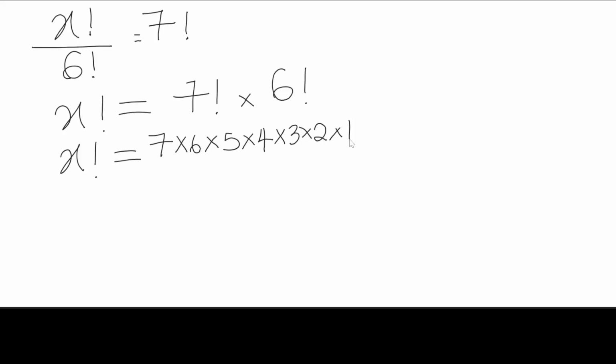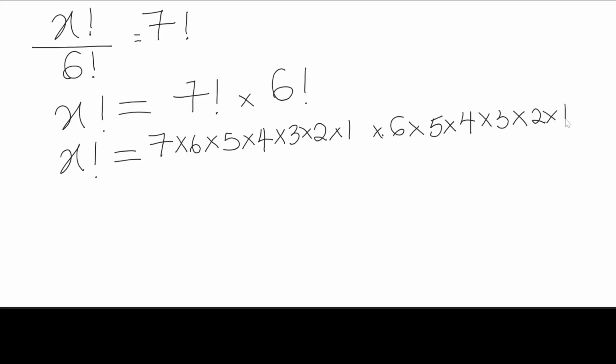Of course, I'm going to be doing the same thing with 6 factorial. Let me leave a little bit of space. So I'll be having times 6 times 1 times 5 times 4 times 3 times 2 times 1.